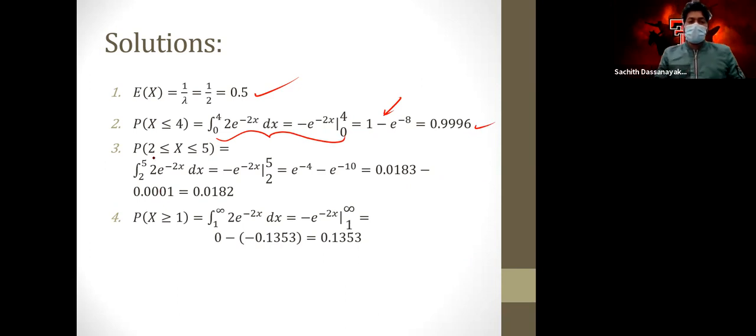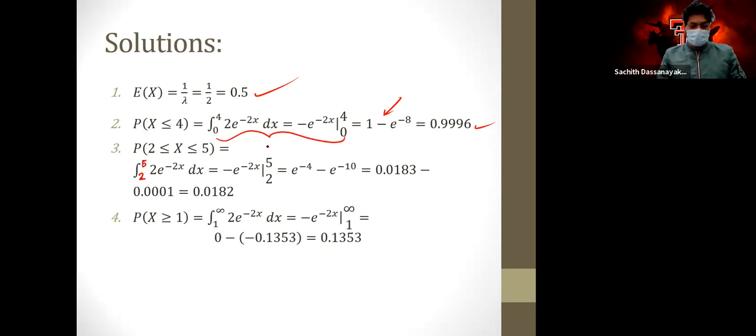Then once you need to find the range, probability of 2 less than or equal x less than or equal 5, then again, if you are using integrals, easily you can replace the lower bound and upper bound using 2 and 5 and integrate it. That's it. Otherwise you have to use your CDF twice.